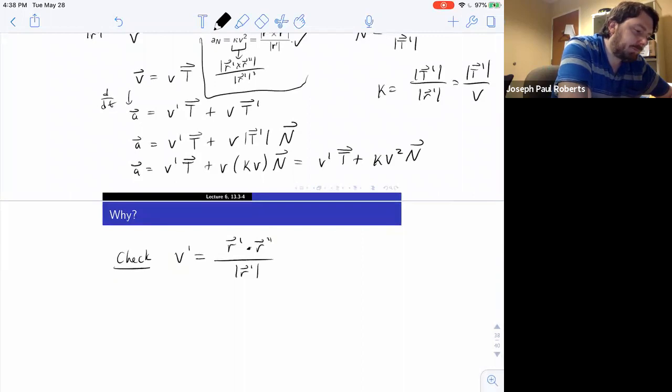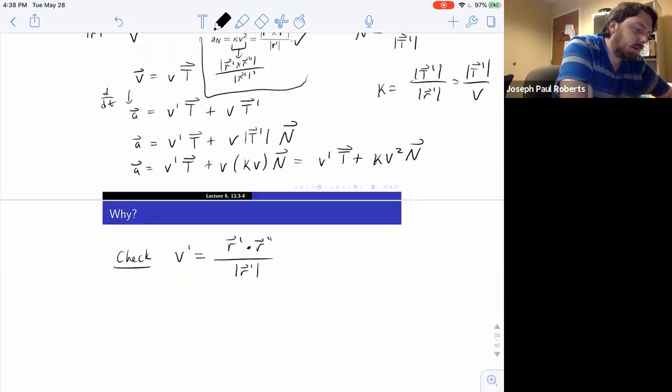Why is that? Well, speed is the length of velocity, which is the square root of v dotted with v.